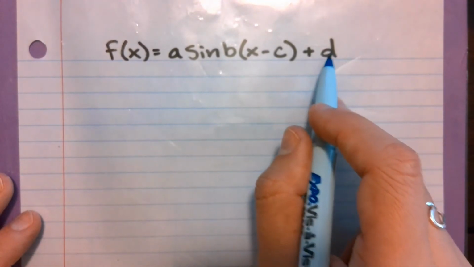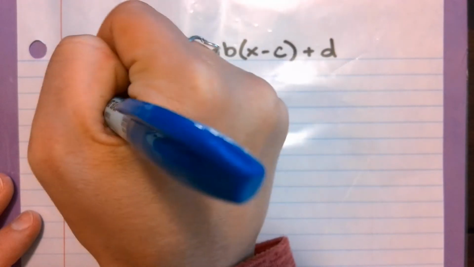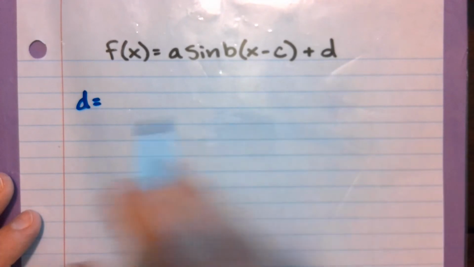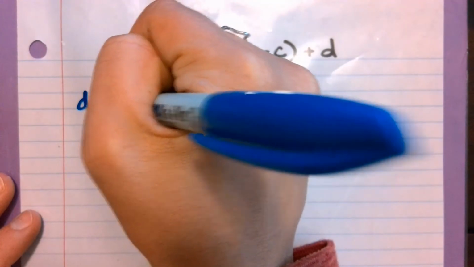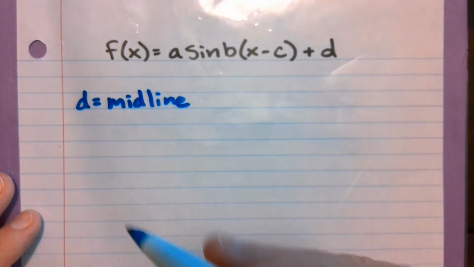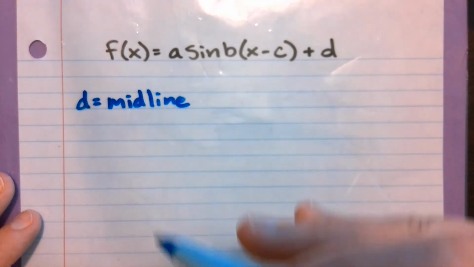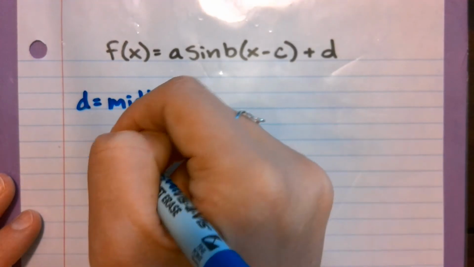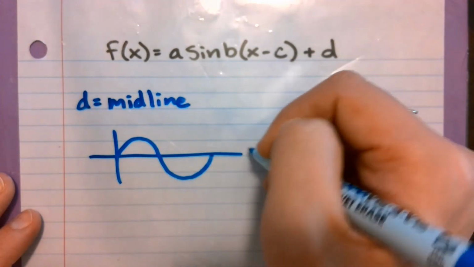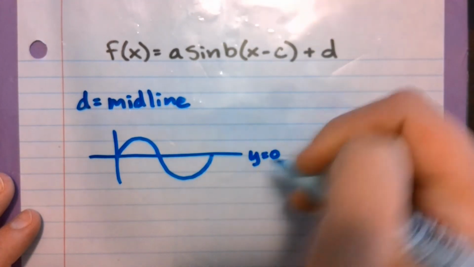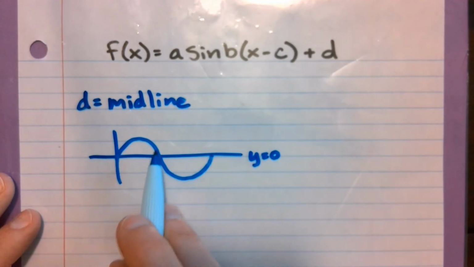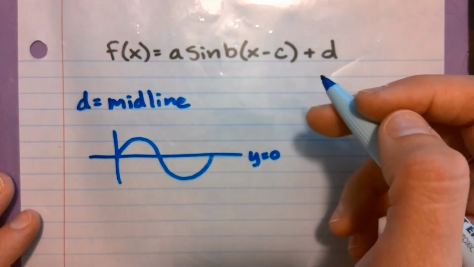Okay, so we're going to start with D here, and these are all just variables to tell you that if I have added some number out here, first of all, we're going to call D the midline, because this is that line where we're going to have exactly as much function above it as we have below it. So if we're looking at the parent function for sine, the midline is going to be at y equals 0, because at that midline we go up 1, we go down 1, but it is the middle of the range, basically.